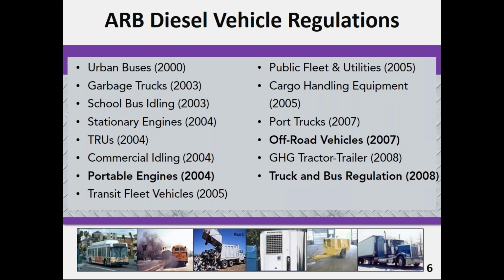I like to point this out because many people believe that ARB doesn't change the way they do things based on public perception and public input. And I want to let you know that we did change the way we were doing this when it came to the ag vehicles. There was a point after the truck and bus rule was promulgated that we were going to also regulate off-road ag vehicles.